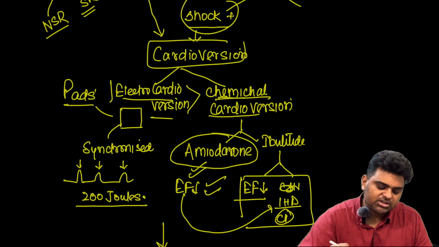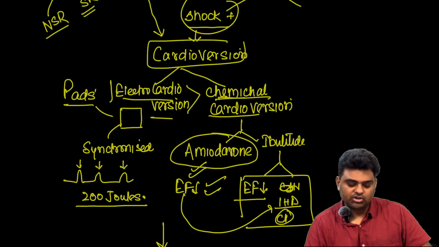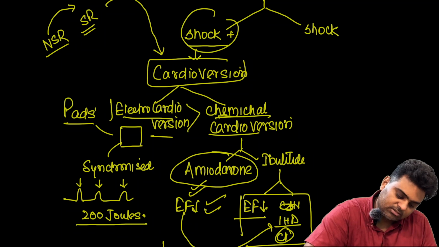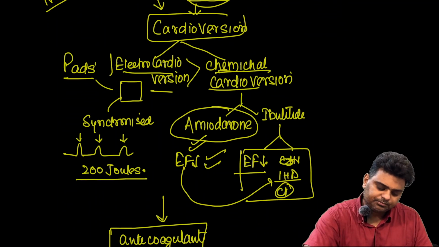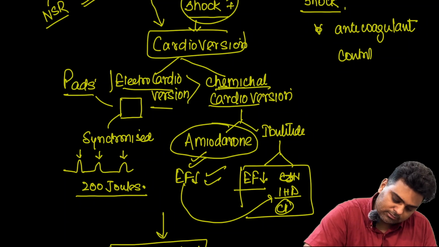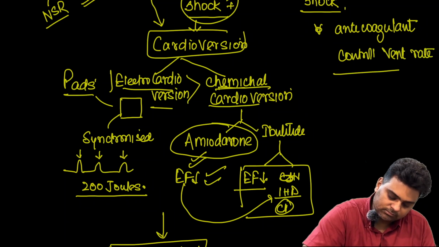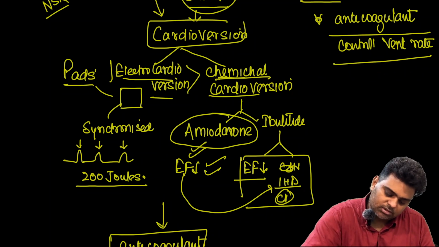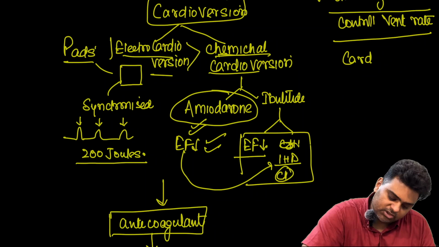Now, if the patient is not in shock, then what do we have to do? If shock is absent, then we will start the patient on anticoagulant. We will control the ventricular rate, and now we will do cardioversion.